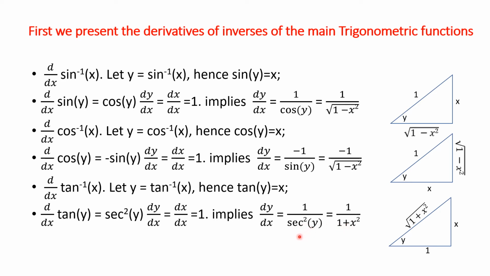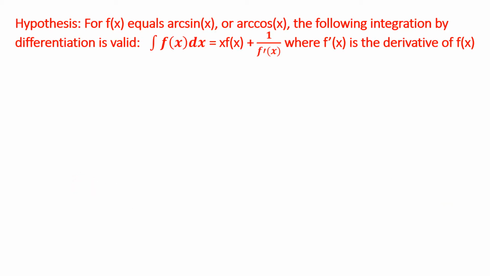Now that we have done all of this, we will proceed to what we want, which is performing the integration of each and every one of these functions without doing integration. Hypothesis: for f of x equals arc sine x or arc cosine x, the following integration by differentiation is valid.